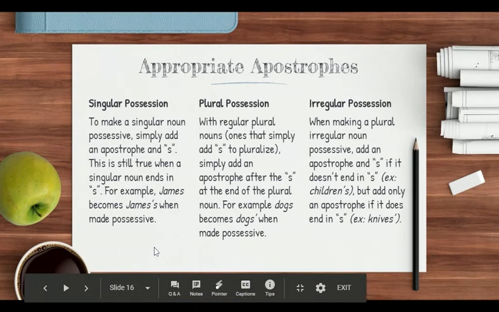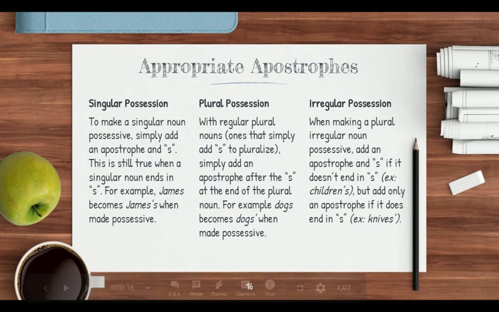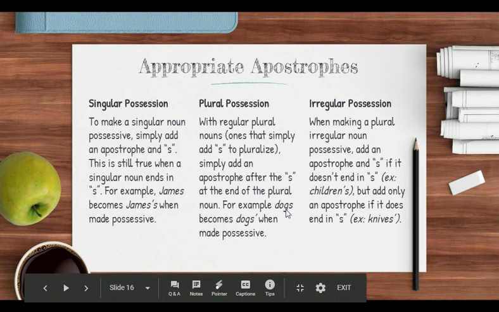With plural possession, if we want to make a noun plural, we typically add S to pluralize or ES unless it's an irregular noun. Now, with these regular nouns, when we add that S or ES to make those possessive, it's actually pretty simple. We just add the apostrophe after the S that comes at the end of that plural noun. For example, dogs becomes dogs', D-O-G-S apostrophe when made possessive.